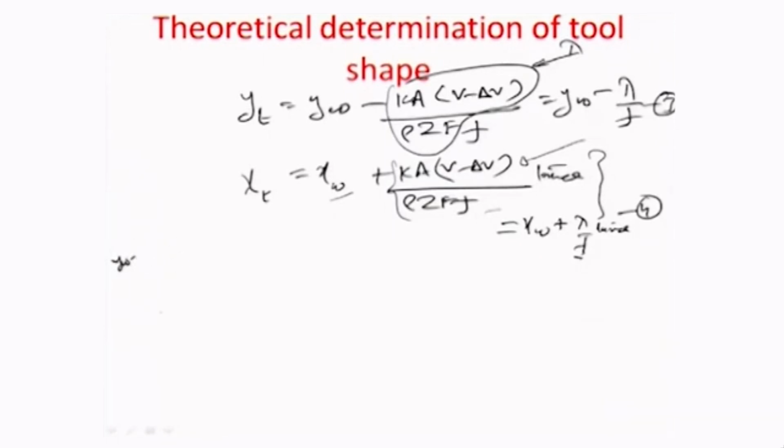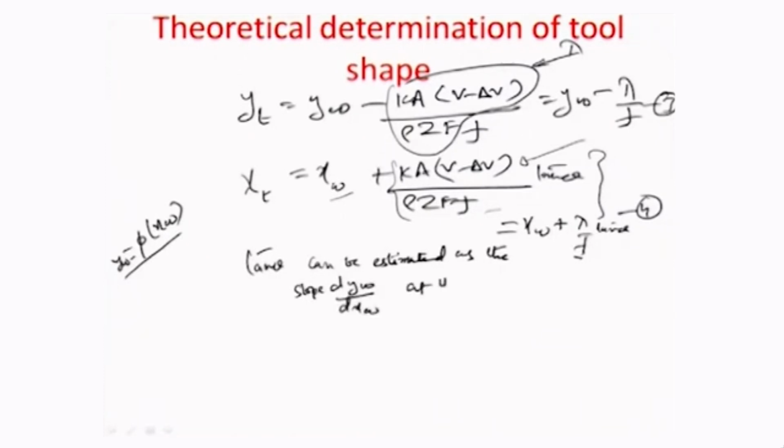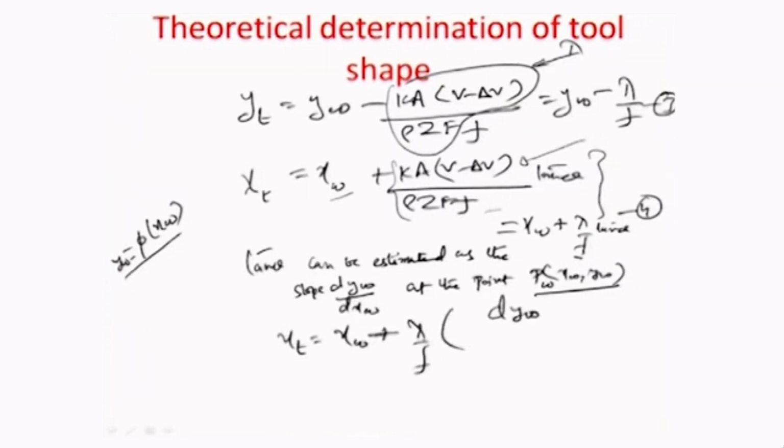So, yw is function phi of xw in the workpiece side, and tan theta can be estimated as the slope dyw by dxw at the point Pw xw yw, okay, where xt equals xw plus lambda by f times of tan theta, which is dyw by dxw.